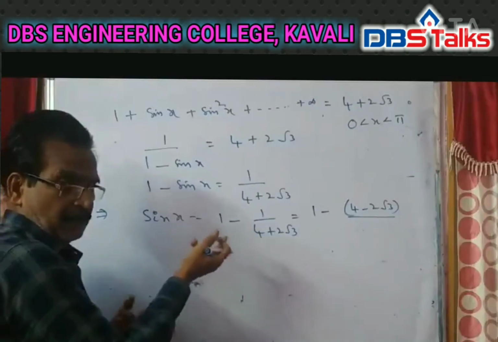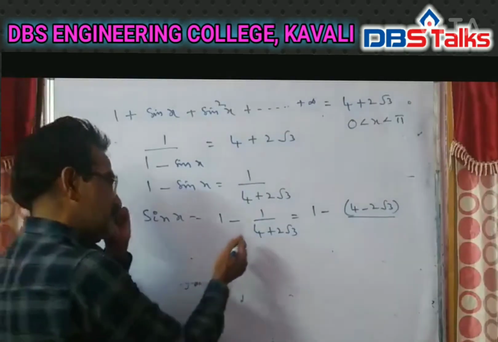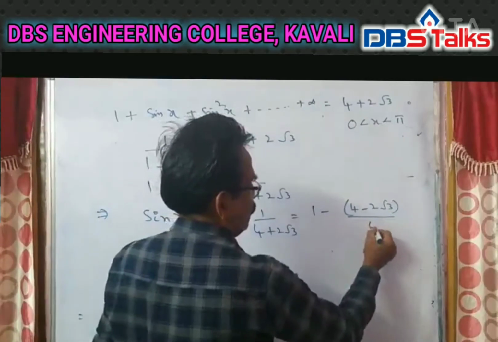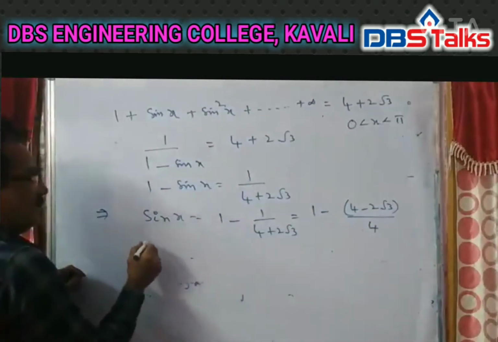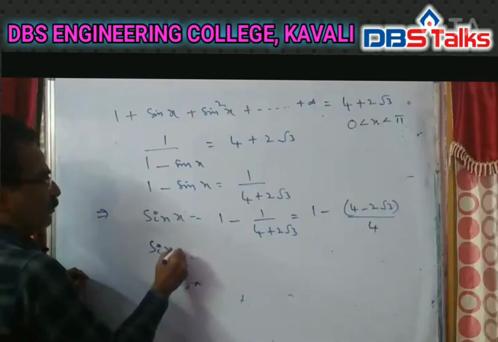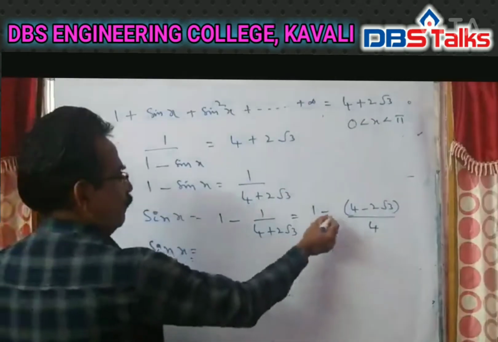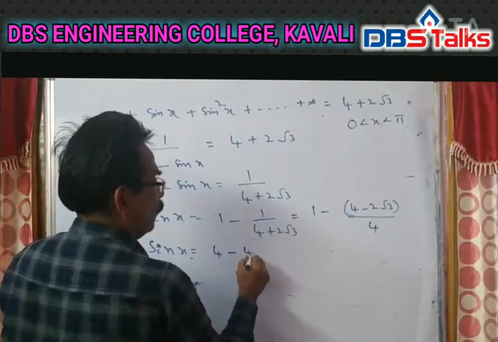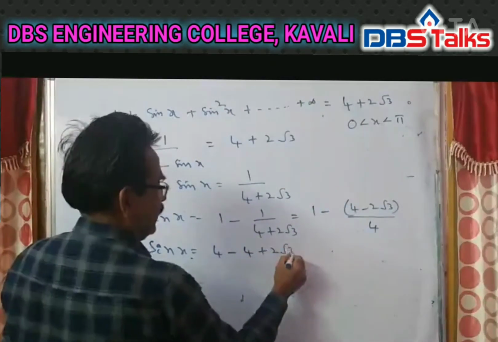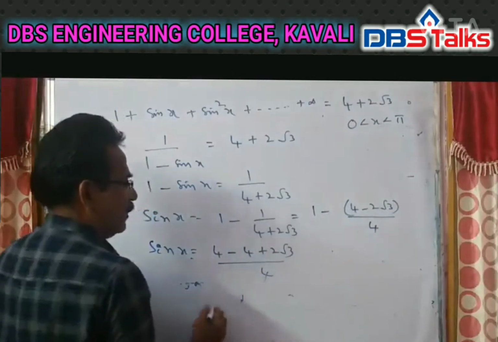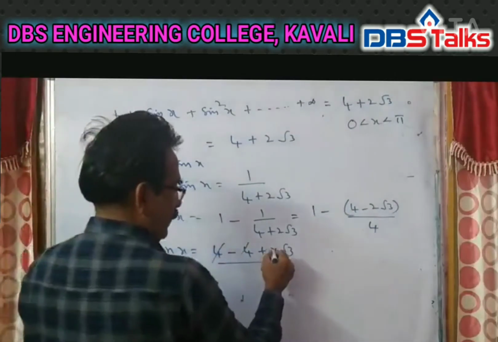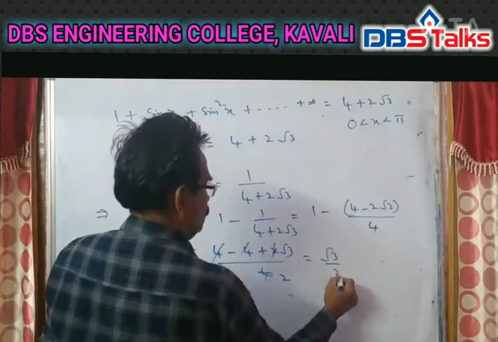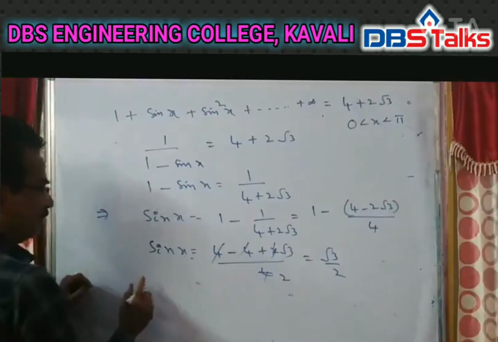Using a plus b into a minus b equals a square minus b square, we get 16 minus 12, that is equal to 4. So sin x is equal to (4 minus 4 plus 2 root 3) by 4. The 4 gets cancelled, and sin x is equal to root 3 by 2, friends.